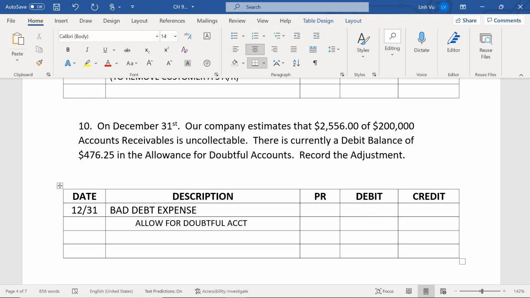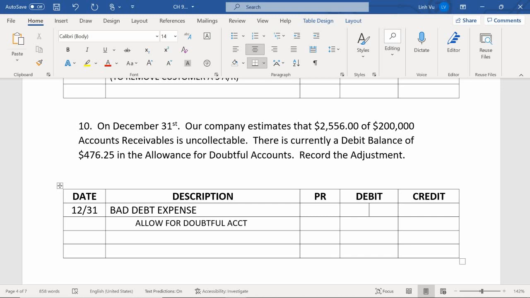How much do I need to journalize in regards to the total amount of bad debt and the total amount of allowance for doubtful accounts? In this case, what method am I using to be able to calculate this number? With the allowance method. The allowance method, good.